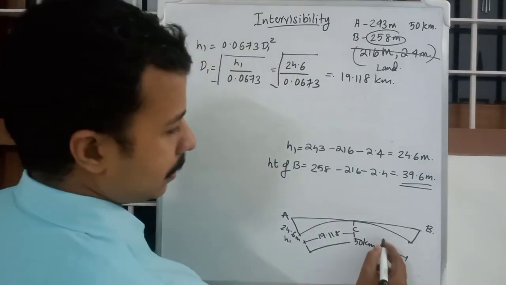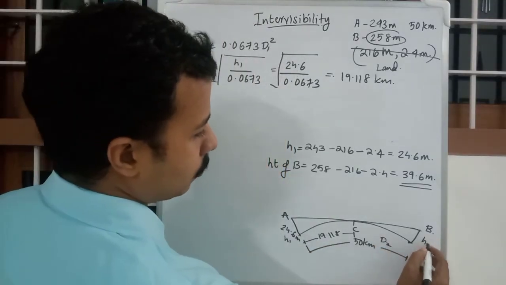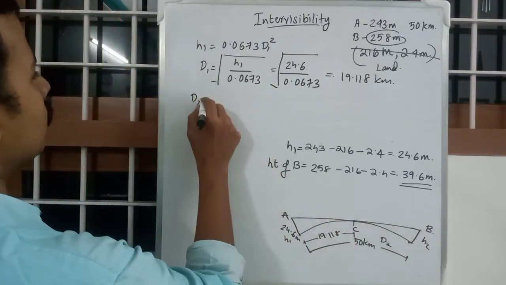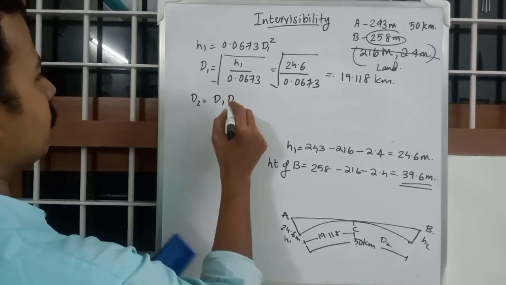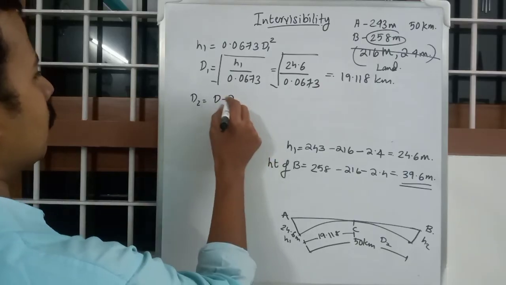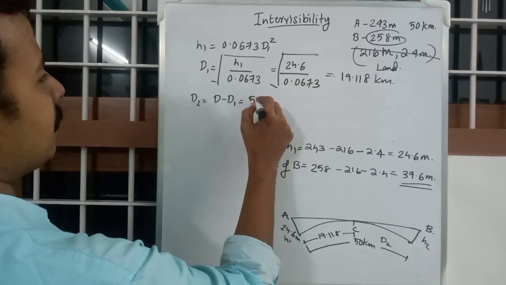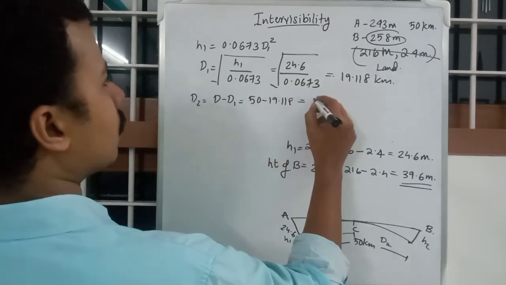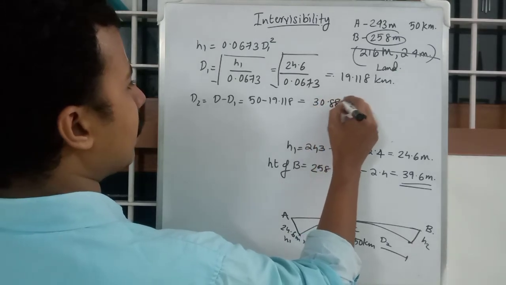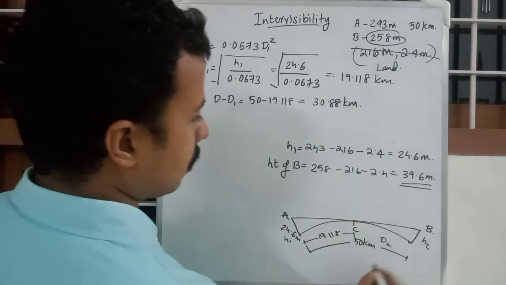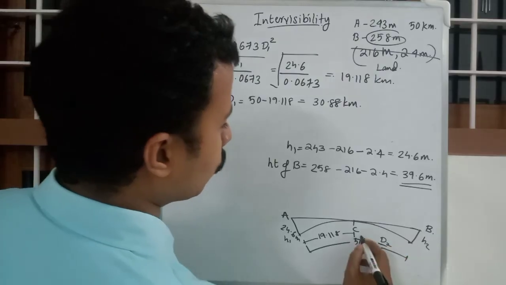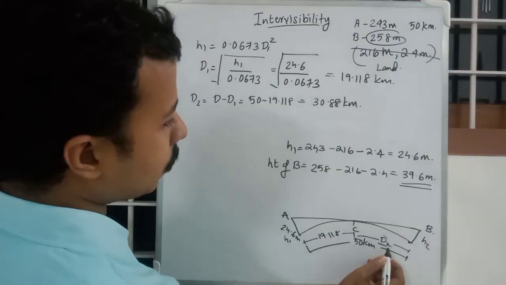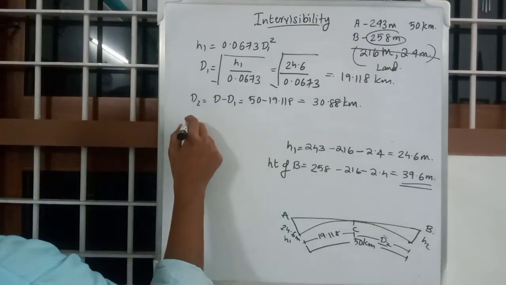So calculate D2. Same procedure, D2 is equal to D minus D1, that is 50 minus 19.118, that is equal to 30.88 kilometers, that is D2. So from this D2, we will calculate H2.